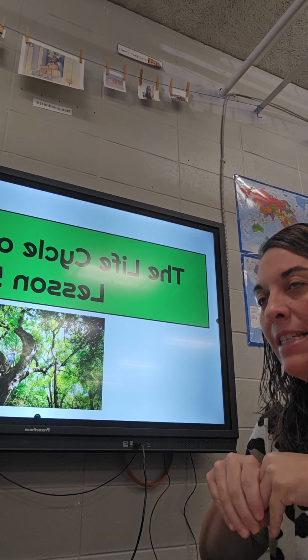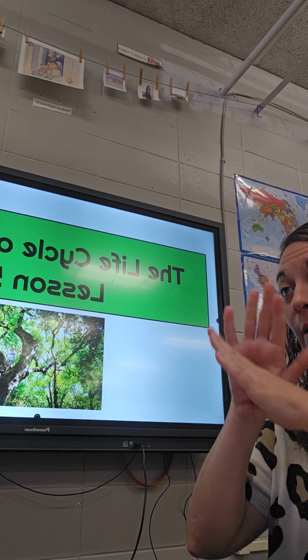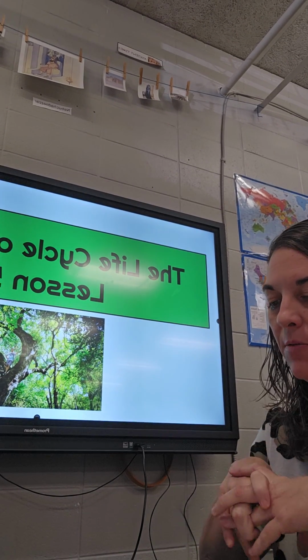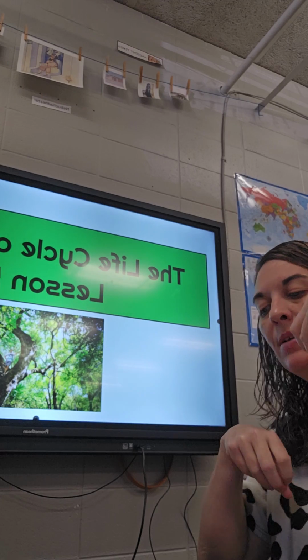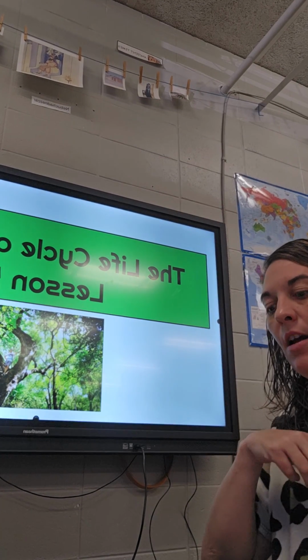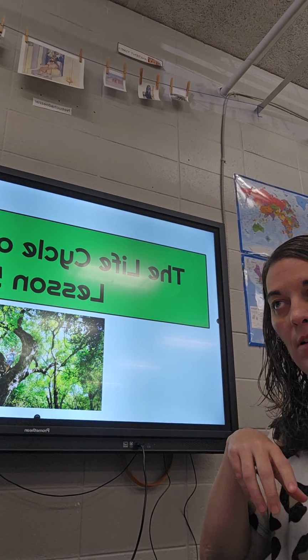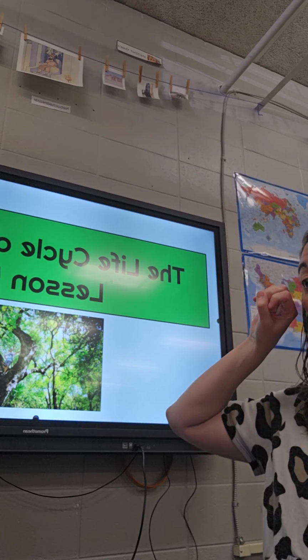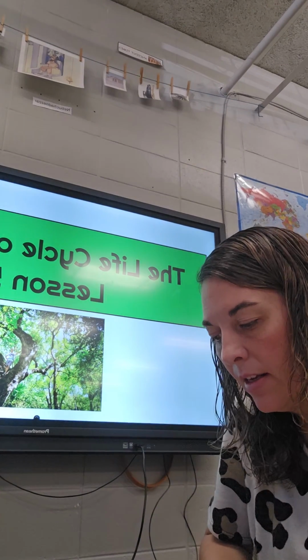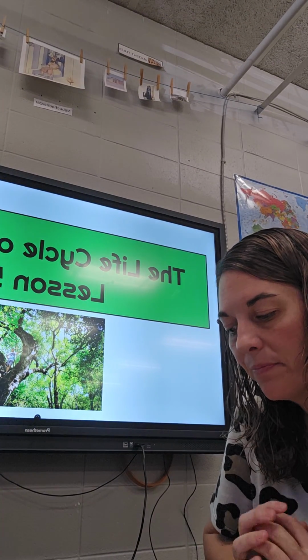Then it turns into a seedling, and then an adult flower. It could be a tree, but this one's a flower. And then what happens after it becomes an adult flower? What do the seeds do? They disperse, so they can grow other places, right? Right. Good job.